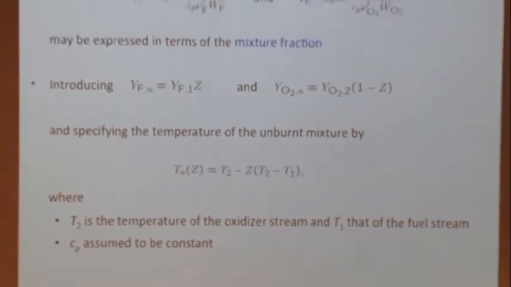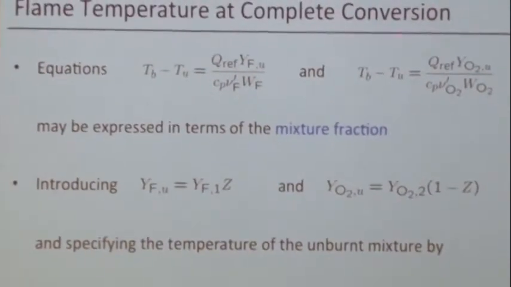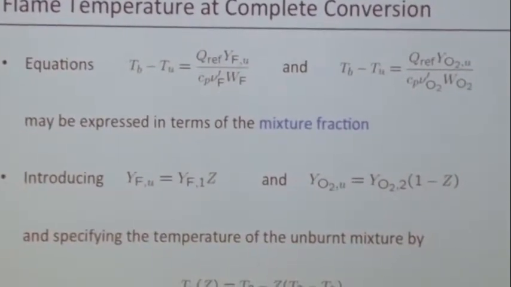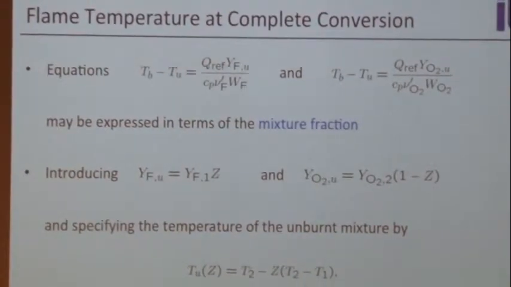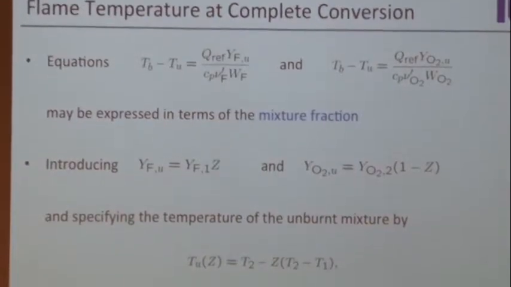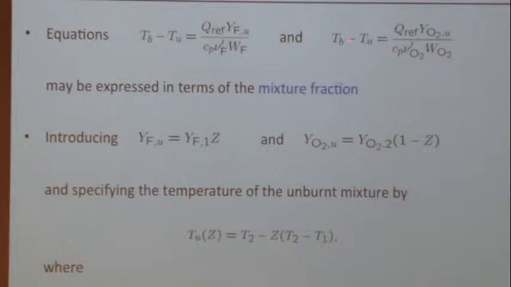Okay, so interesting now is I can take this for lean and for rich, and I can write it in terms of mixture fraction because you see I have YFU and YO2 unburned. I can relate these easily back here to mixture fraction, and I can express the temperature as a function of mixture fraction. Okay? So just plug in these expressions here for fuel and for oxygen. And then I have Tu.